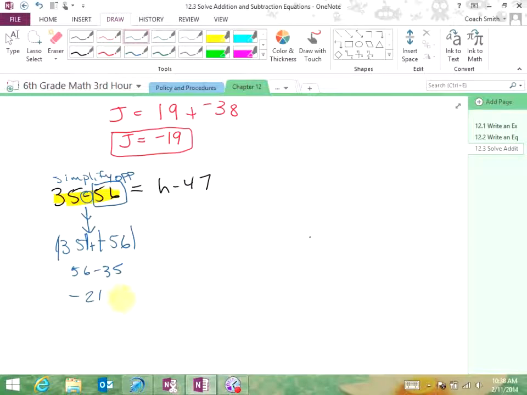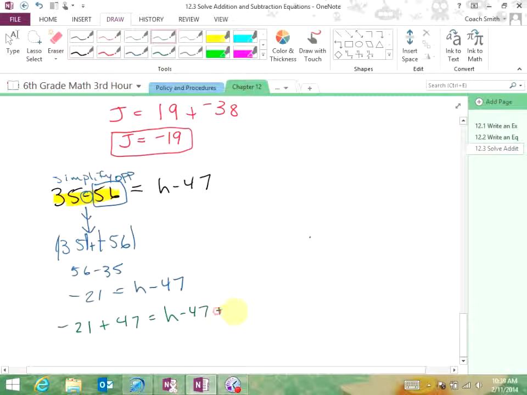But now I'm left with this right here. Okay, which means I got negative 21 plus 47 equals H minus 47 plus 47. So this is my inverse operation, doing it to both sides.